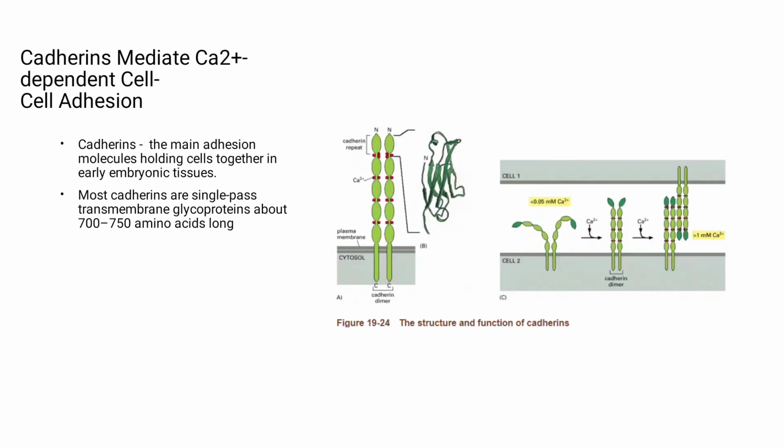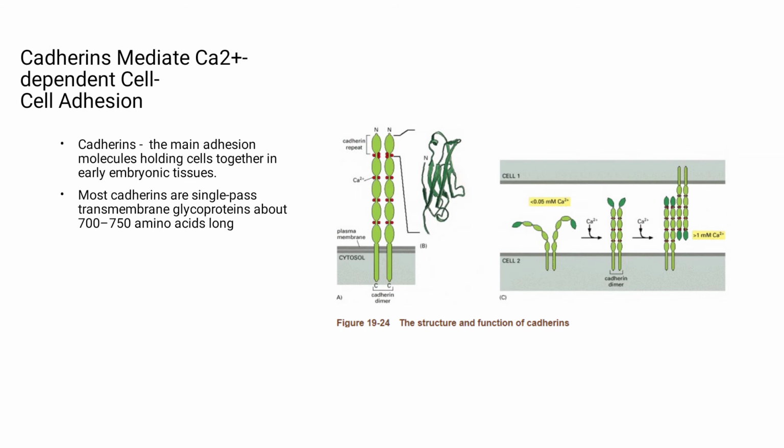Figure 19.24 shows the structure and functions of cadherins. In letter A, we have the classical cadherin molecule. The protein is a homodimer with the extracellular part of each polypeptide folded into 5 cadherin repeats.